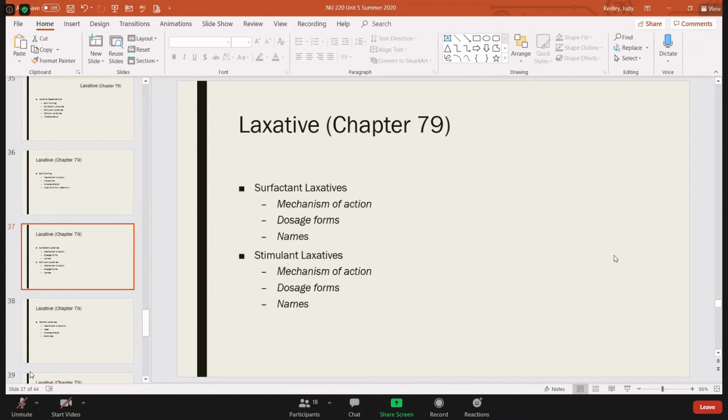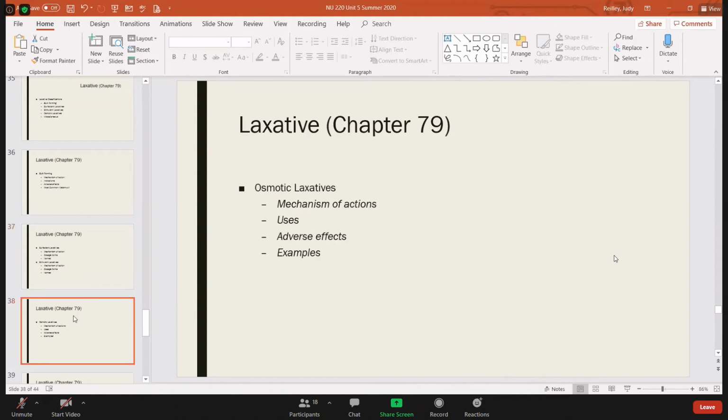When you look at your osmotic laxatives, you're looking at the fact that it draws water into the intestinal tract to empty the bowels, and its use is usually to empty the bowels in preparation for a surgical procedure or diagnostic testing such as a colonoscopy.